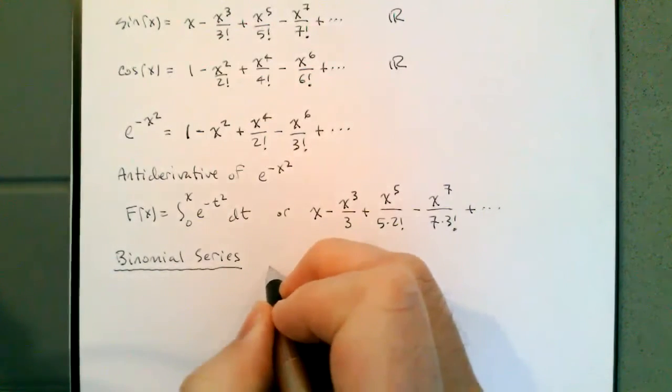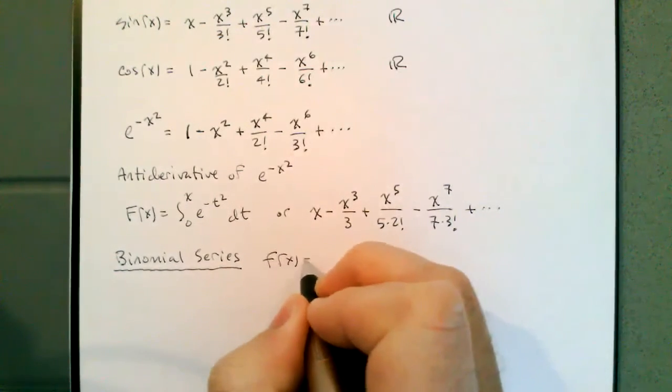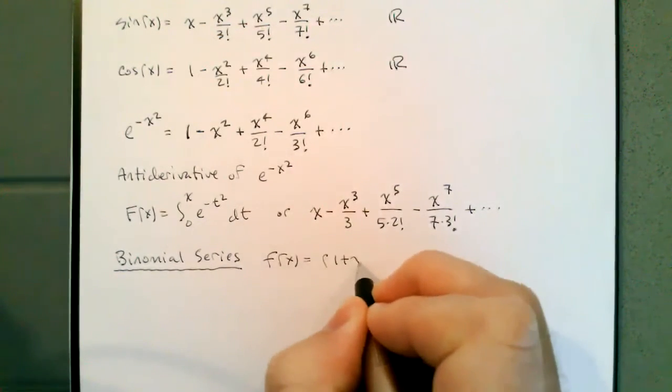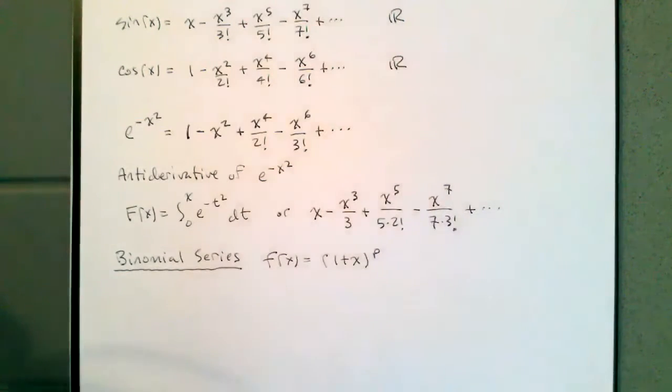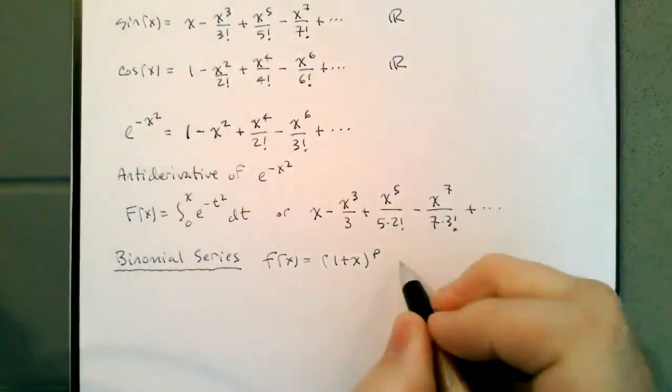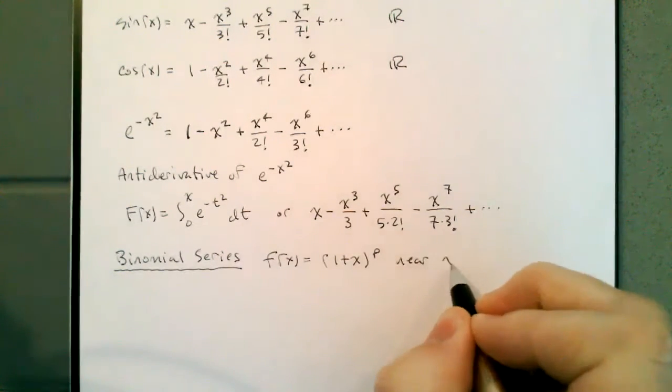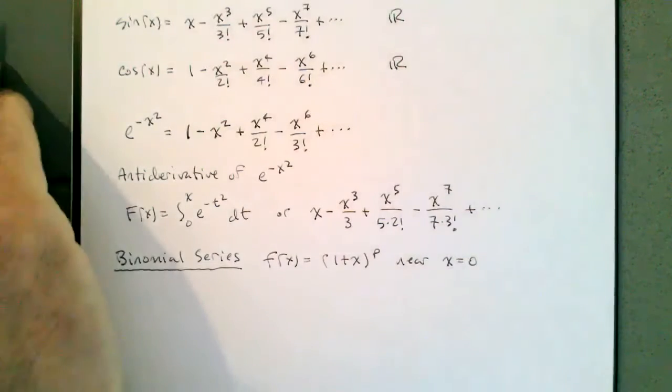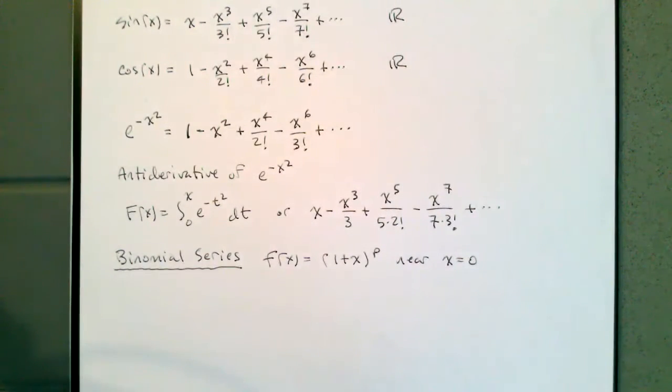We want the Taylor series for f of x equals 1 plus x to the p, near 0. And we're going to do this just by taking derivatives and then plugging in 0.